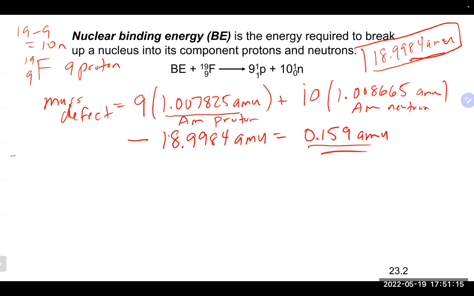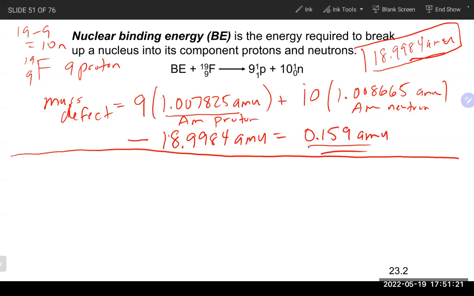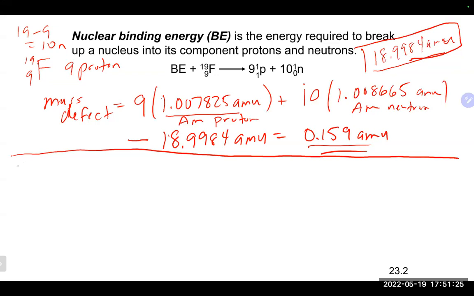So at this point, you do have two options. Let's look at both ways you could get to the same answer. First off, if you wanted to use Einstein's equation, you could use E equals mc squared. The m would be our mass defect here. And if we did that, we would have 0.159 AMU times 3 × 10⁸ meters per second.